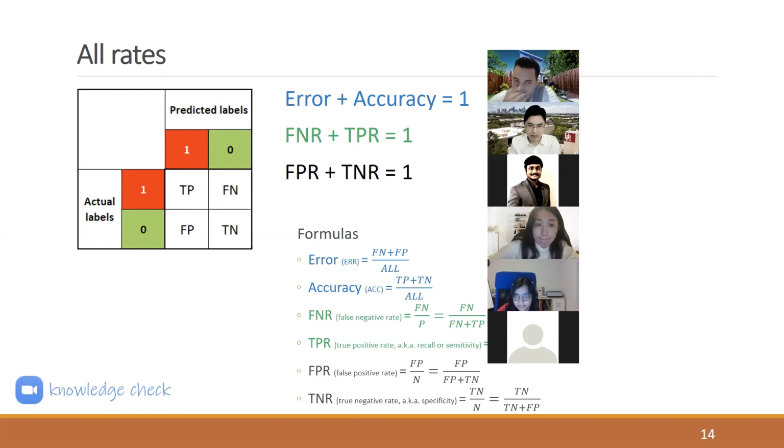So the positive outcome is fire. Fire alarm detects fire. It detects smoke. It doesn't detect fire actually, but smoke is the result of fire. So the case is fire, positive outcome is fire, negative outcome is no fire.